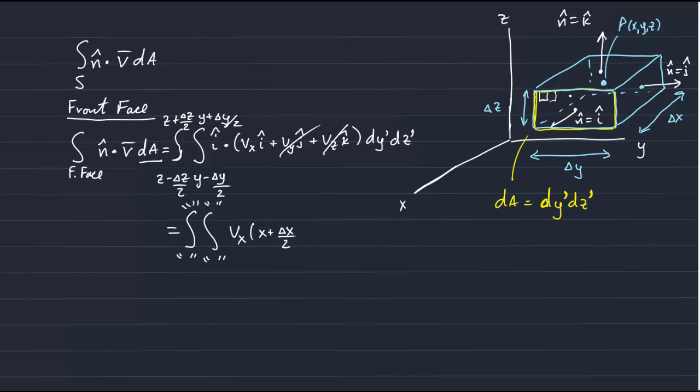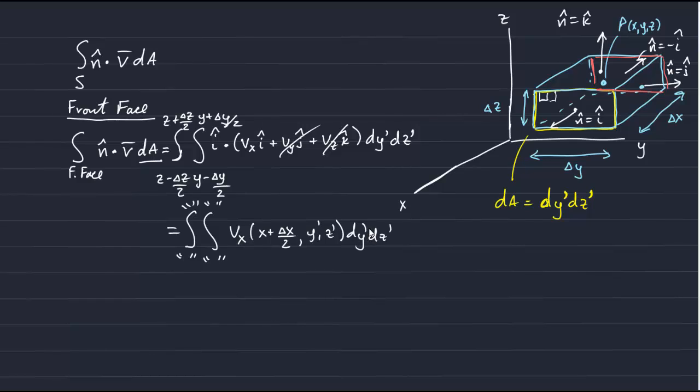So this plane is a half of delta x in front of our point, which is located at x. And so that's where this Vx is evaluated, on this plane, at point y prime and z prime. And again, we're integrating over dy prime dz prime over this interval.